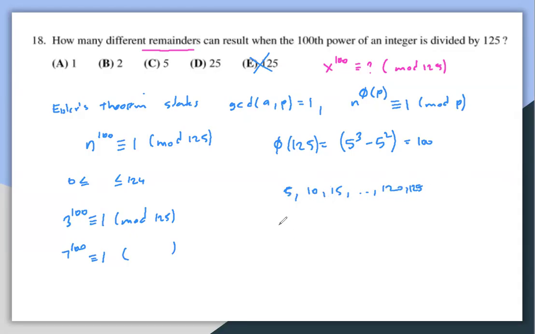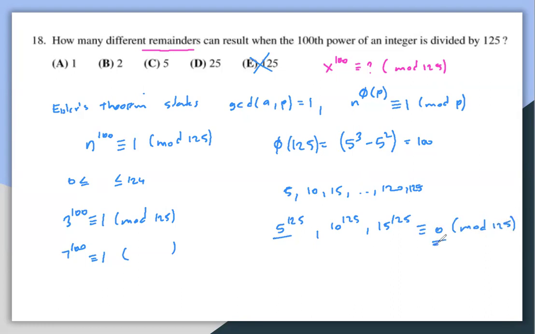If I take 5 to the 125th power, or 10 to the 125th power, or any of these numbers to that power, it has 125 fives in it. So if you divide by 125, that gives a remainder of 0. All of these numbers will be congruent to 0 mod 125.